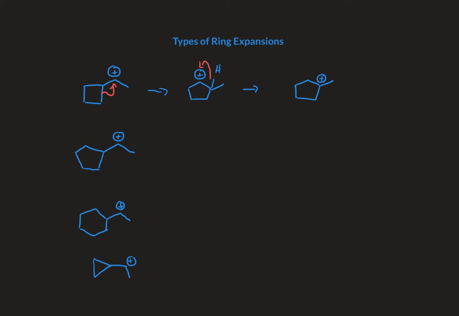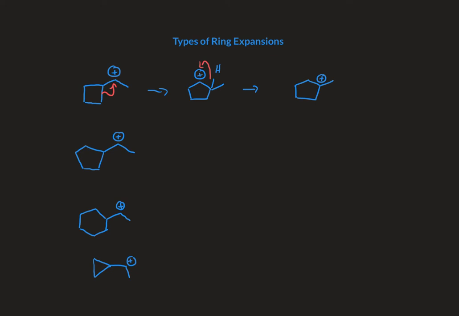So this ring expansion went from a 4-membered ring to a 5-membered ring, which relieved some ring strain. And then this secondary carbocation rearranged again to give us a tertiary carbocation with a 5-membered ring as the most stable carbocation that we could get to.